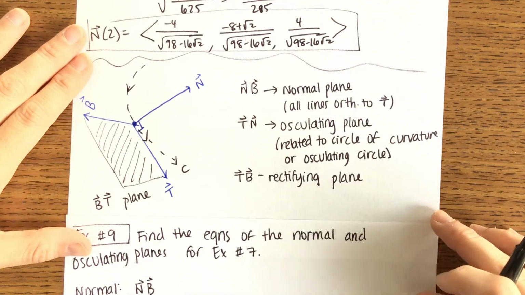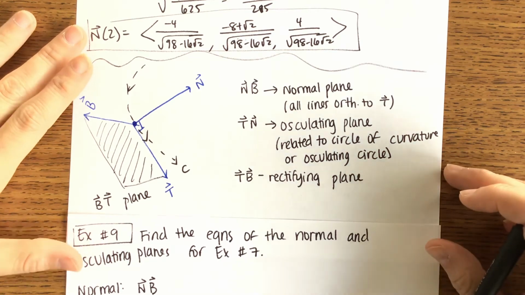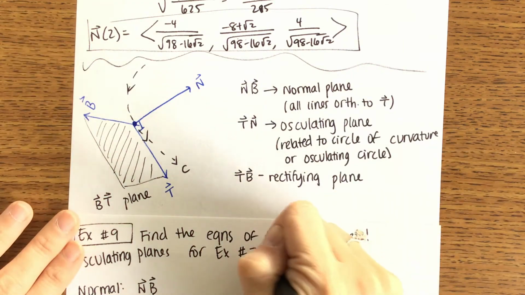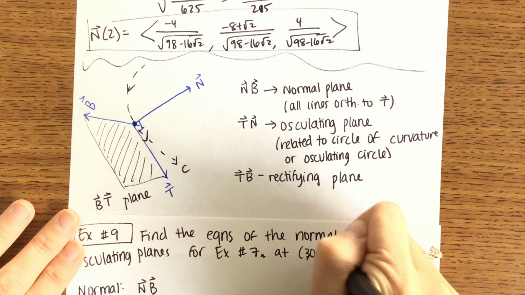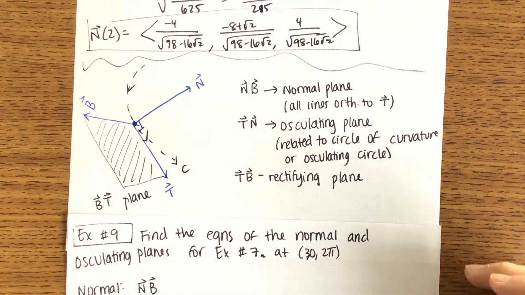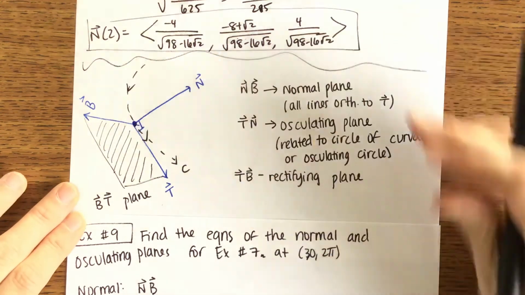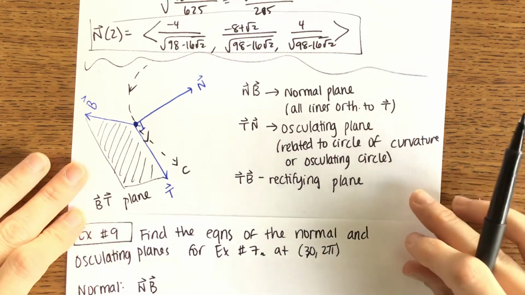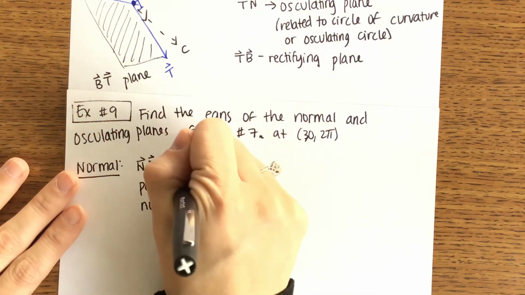Okay, good. Oh, I didn't tell you at what point. Whoops! You guys should have been telling me we can't find a point, because you need to know what point we're looking at. So it's at the point (3, 0, 2 pi). So look, I just did the work for you. The point is (3, 0, 2 pi).